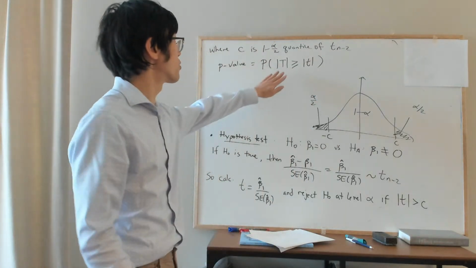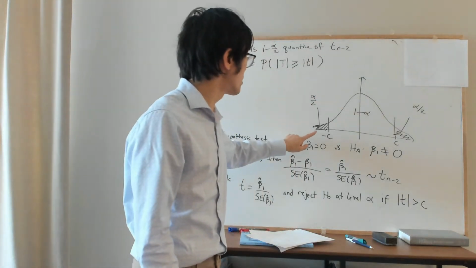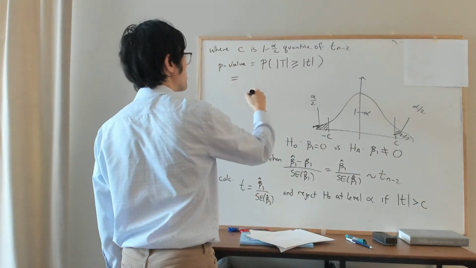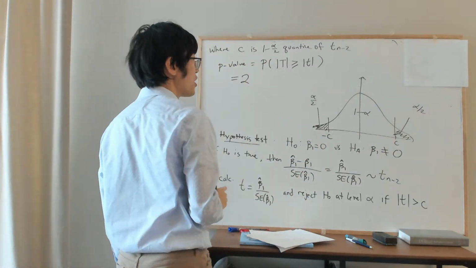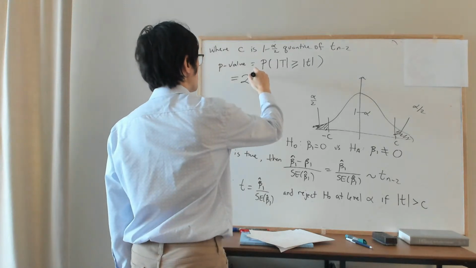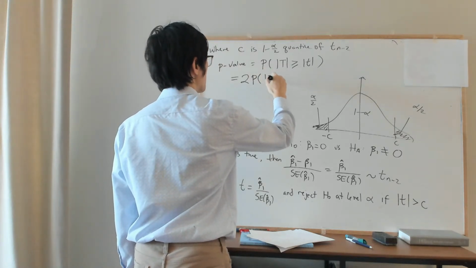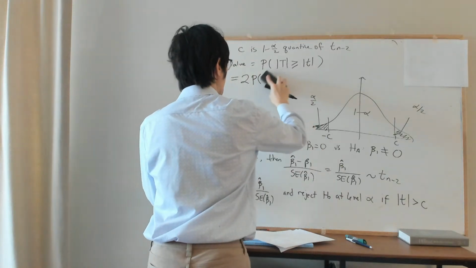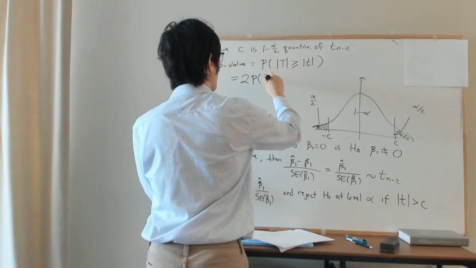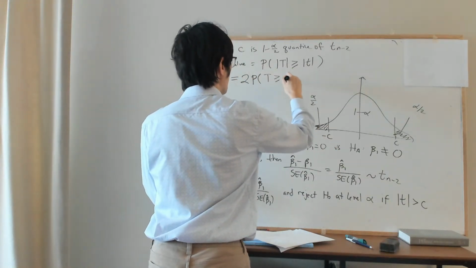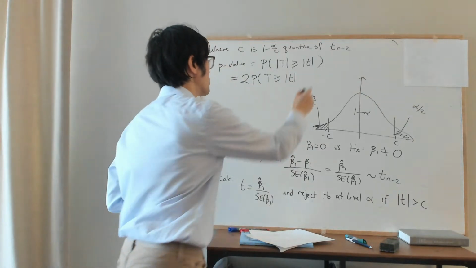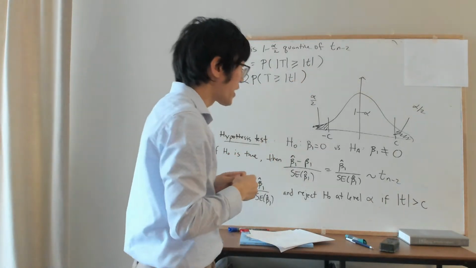Because of the t distribution symmetry, we can also write it as 2 times the tail probability. So 2 times the probability that T is greater than or equal to the observed absolute value of t. So that's the p-value. Okay, so I'll add that to the picture.